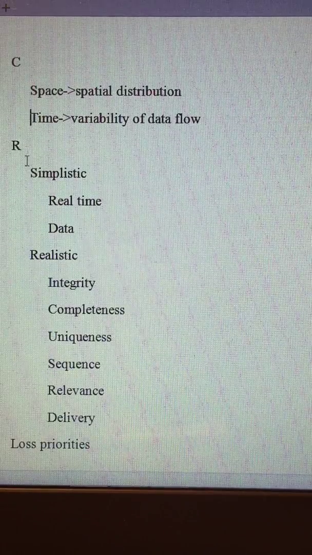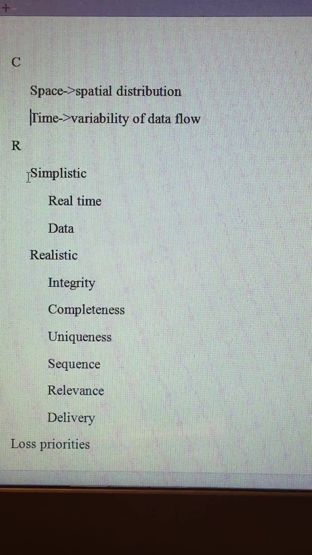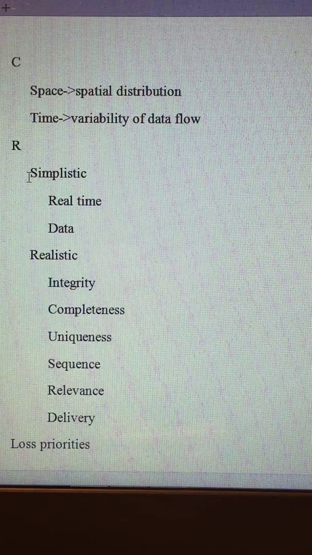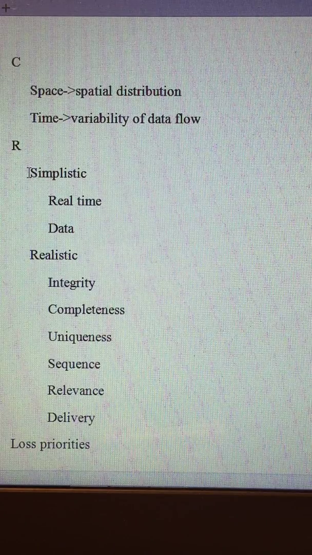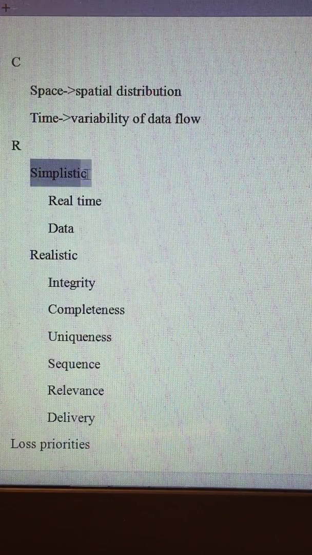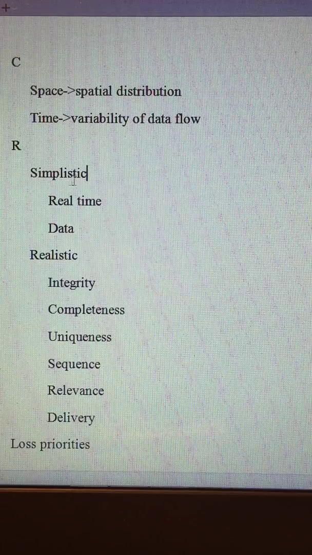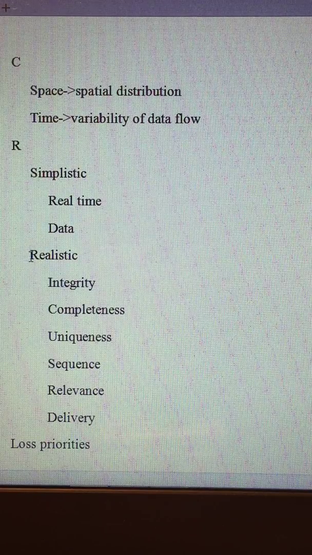Okay, for the requirements of the traffic, it can be expressed in two main ways. First way is the simplistic, and the other way is the realistic.